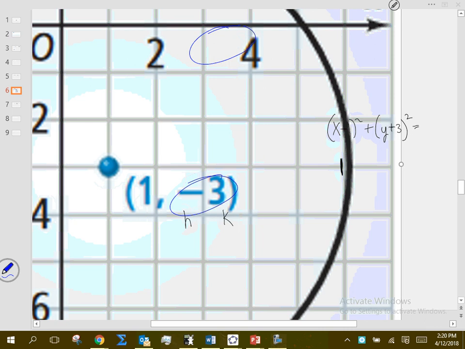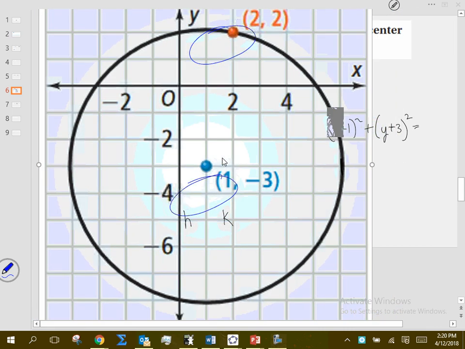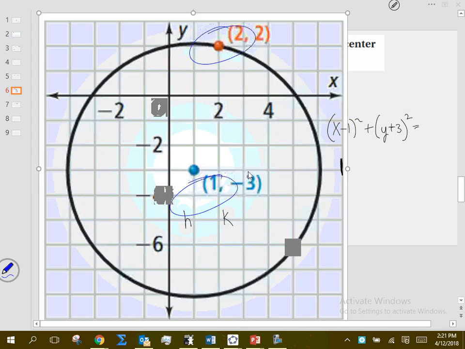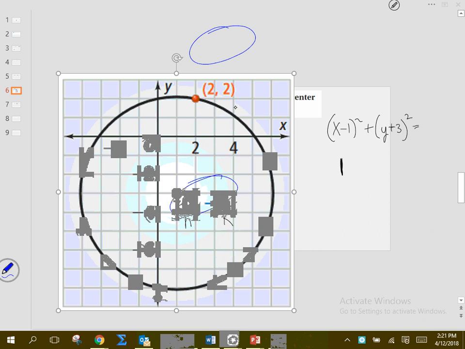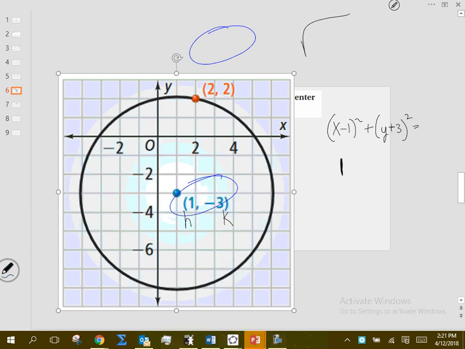If you go through the distance formula, 2 minus 1 is 1. Square that, you get 1. 2 minus -3 is 5. Square that, you get 25, right? Is that radical 26? Yeah. So that is the radius of that thing there.